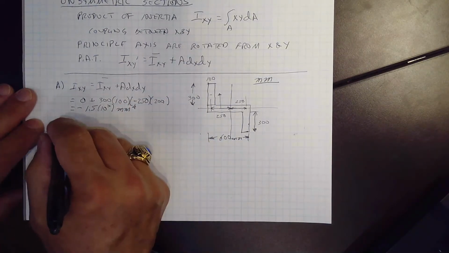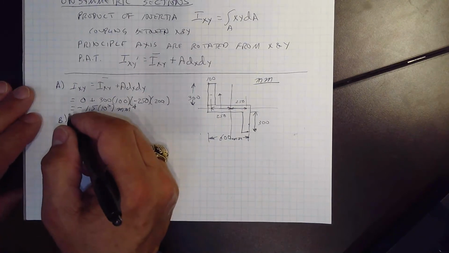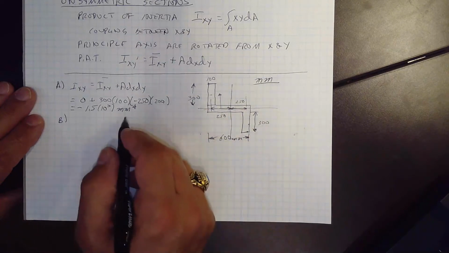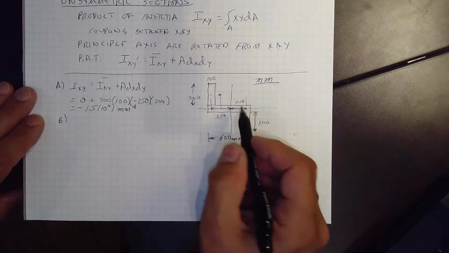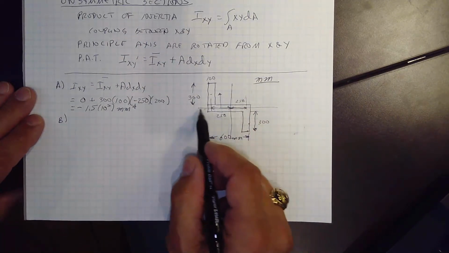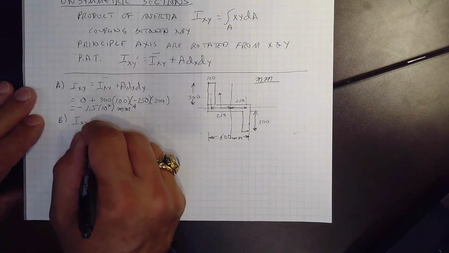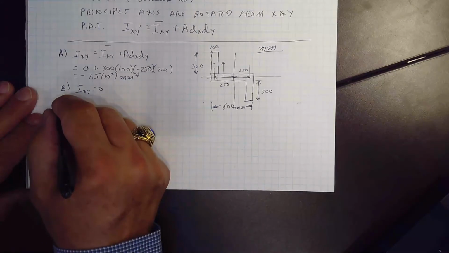What about B? B is going to be 0, 0, because you can see that by inspection, right? You're on this axis, you're on this side. Guess what? You're on that axis. So IXY of B is going to be 0. What about C?